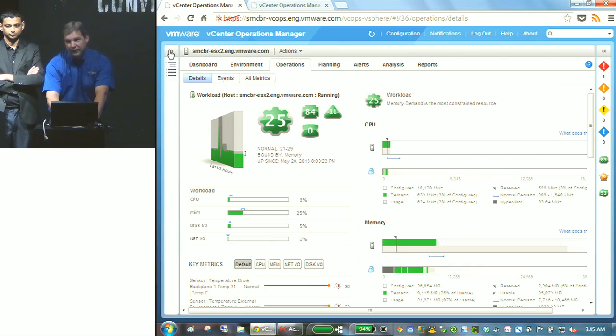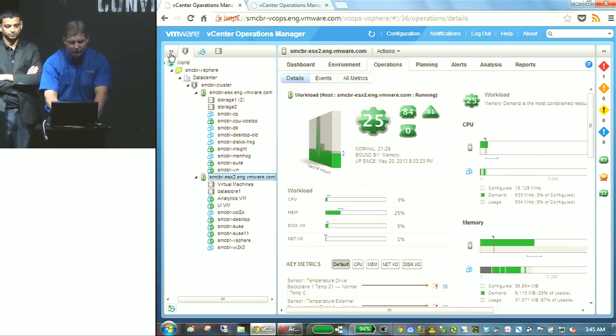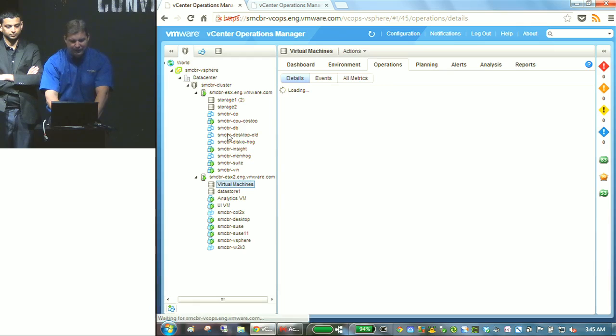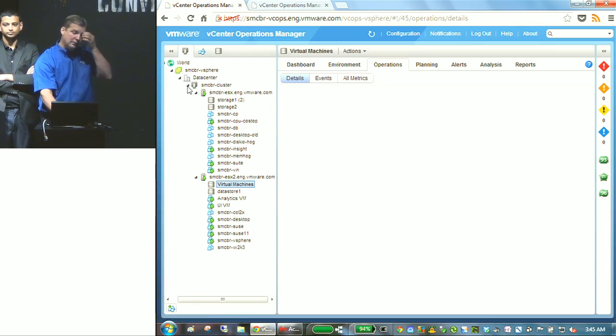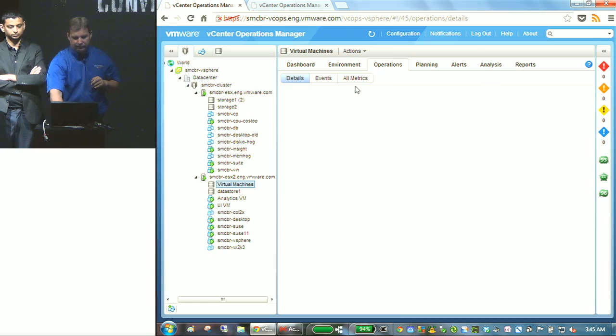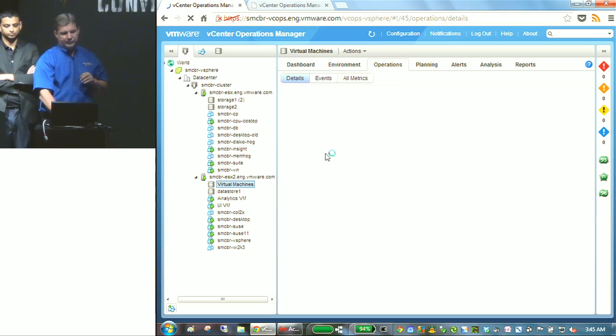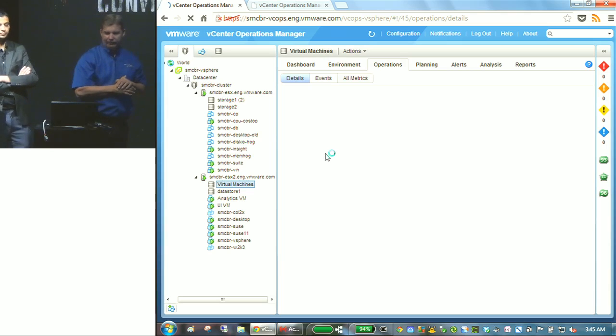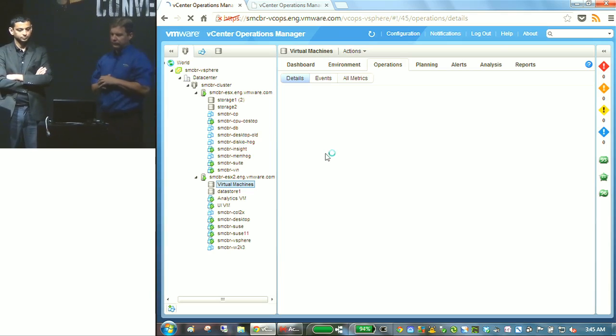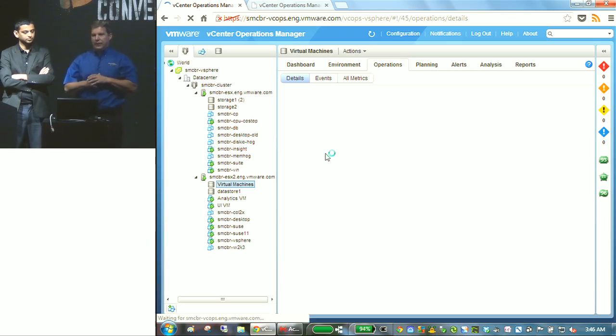Are you talking about for a data store, particularly? On every object except for a data store, we have taken space out of the workload area. So you're right.